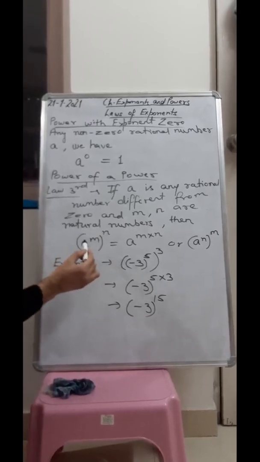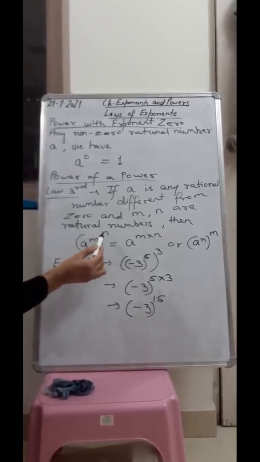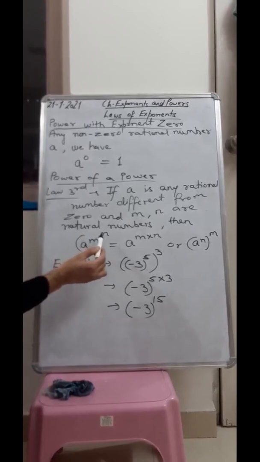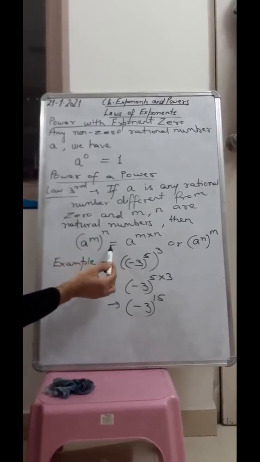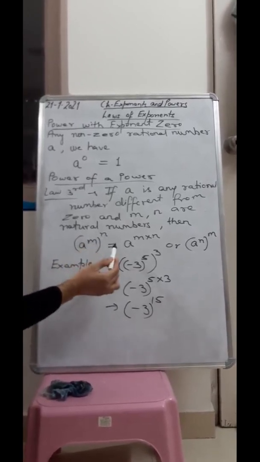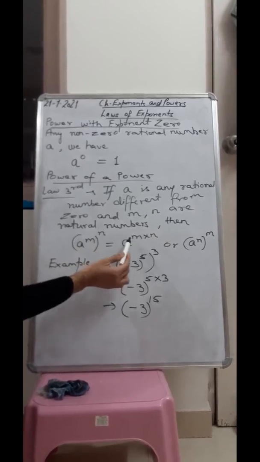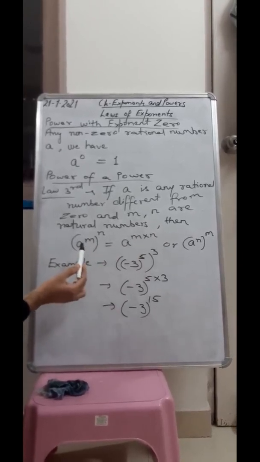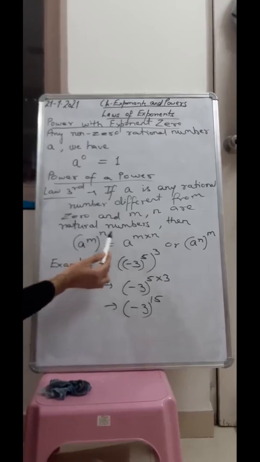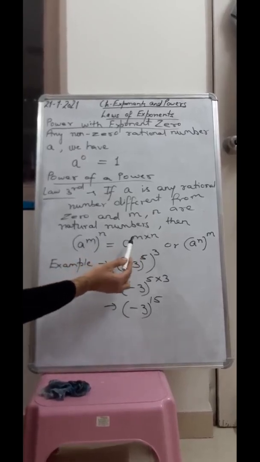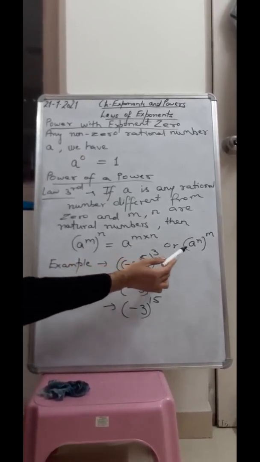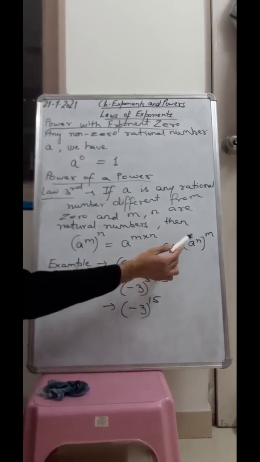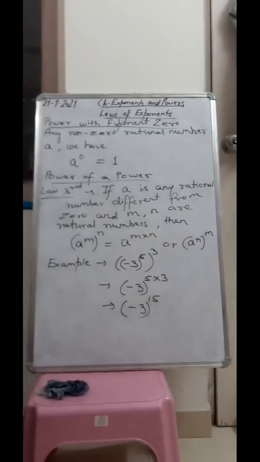Whenever there is a bracket and it has an exponent, the bracket gets removed, the base remains the same and the powers get multiplied. So m will get multiplied by n. Or we can write this in the form a raised to power n, whole raised to power m.